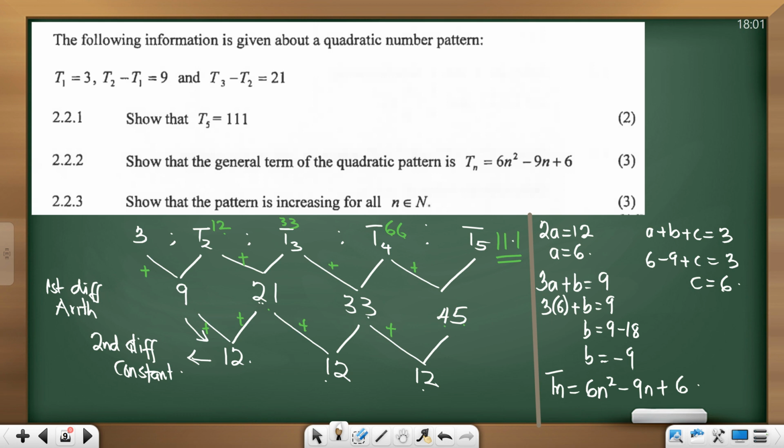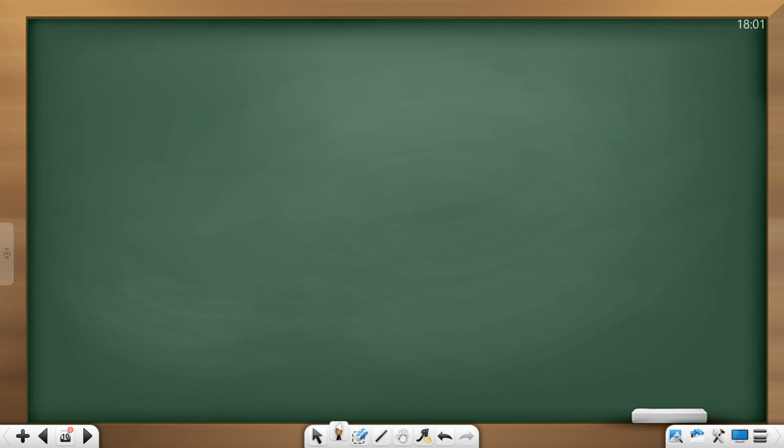First is to understand that your quadratic is a parabola.